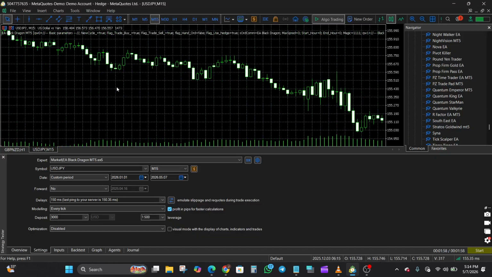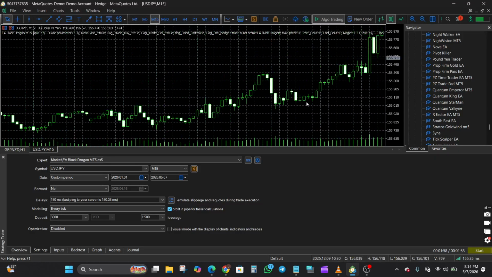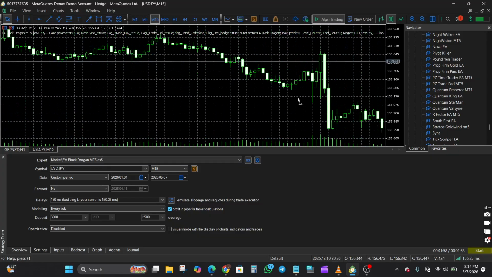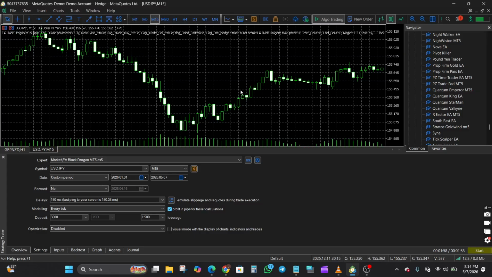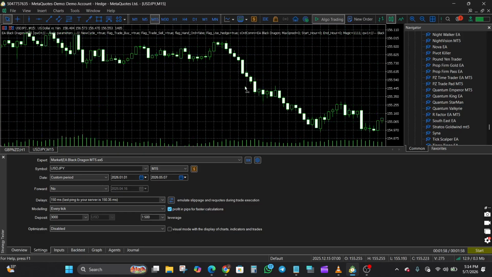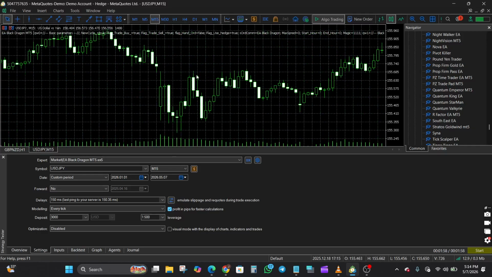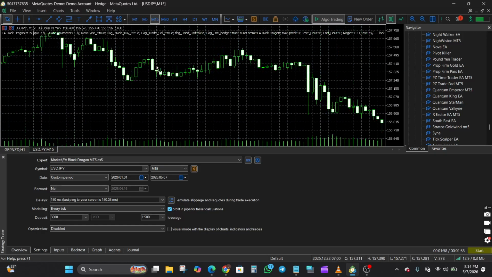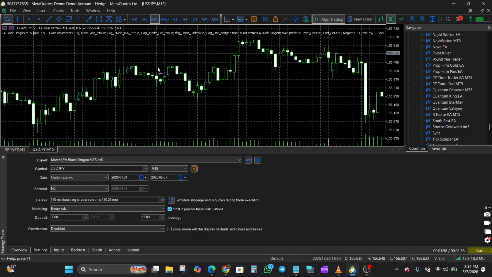Based on what we understand about this EA, we have already looked at the description on the MQL5 Marketplace. So we should know that from the behavior of the strategy and even the available settings, which are going to be the default settings, the core logic behind this EA appears to work like this.